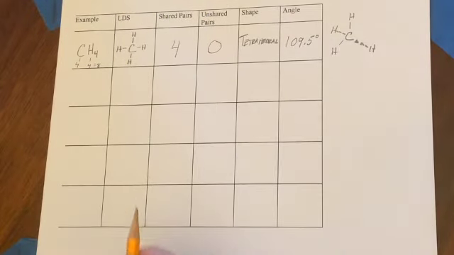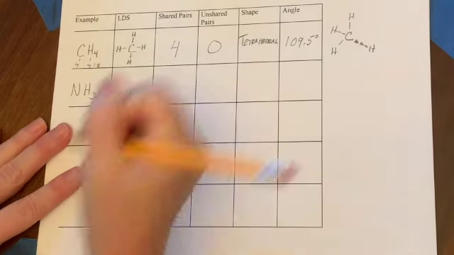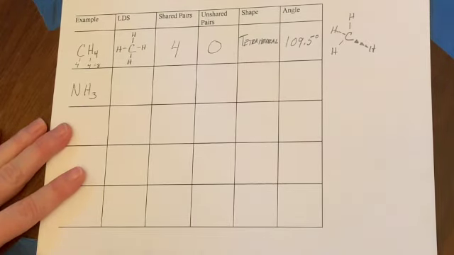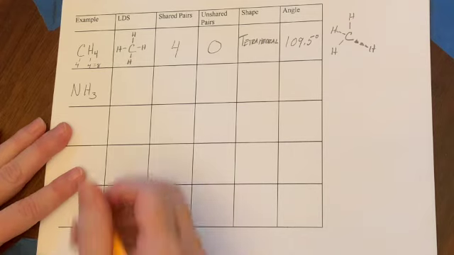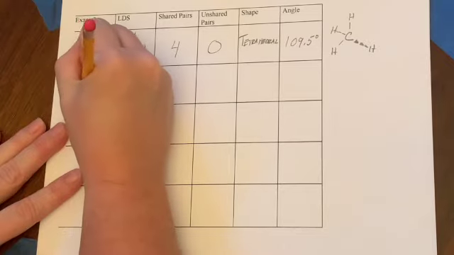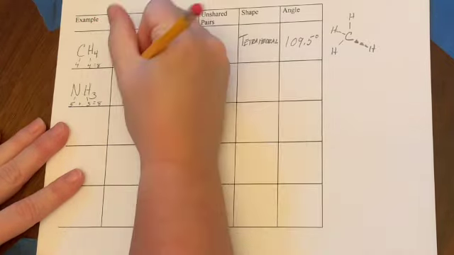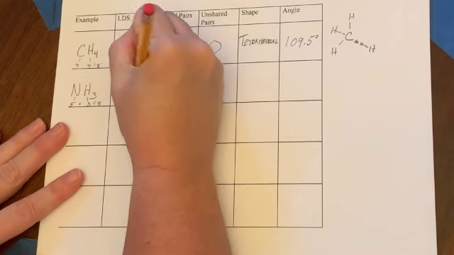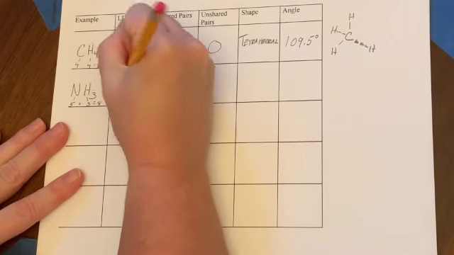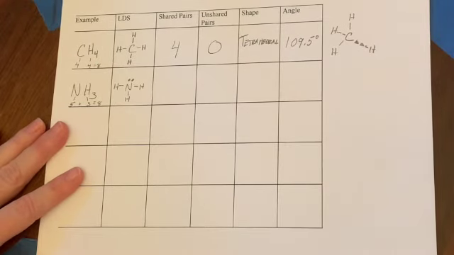Now let's go on to our next example, which is ammonia, NH3. Again, feel free to pause the video if you need to. We're going to go 5 from nitrogen, 3 from hydrogen, dealing with 8. Great. So I have my nitrogen here and then the 2 dots there on top.